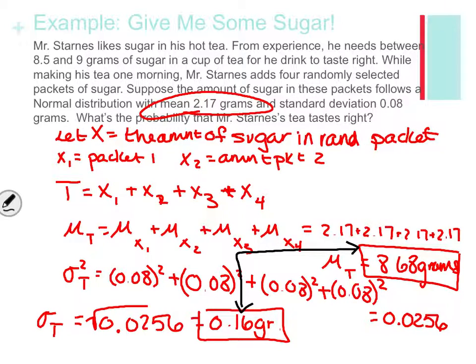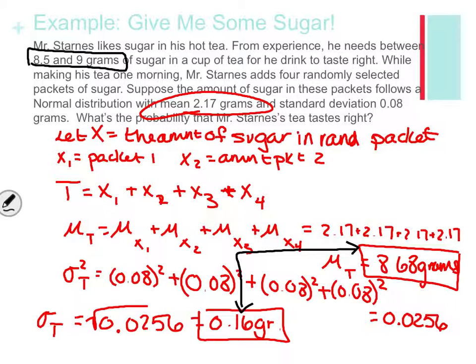I am looking for the probability that his tea tastes just right. They address in the first sentence that it needs to be between 8.5 and 9 grams of sugar.